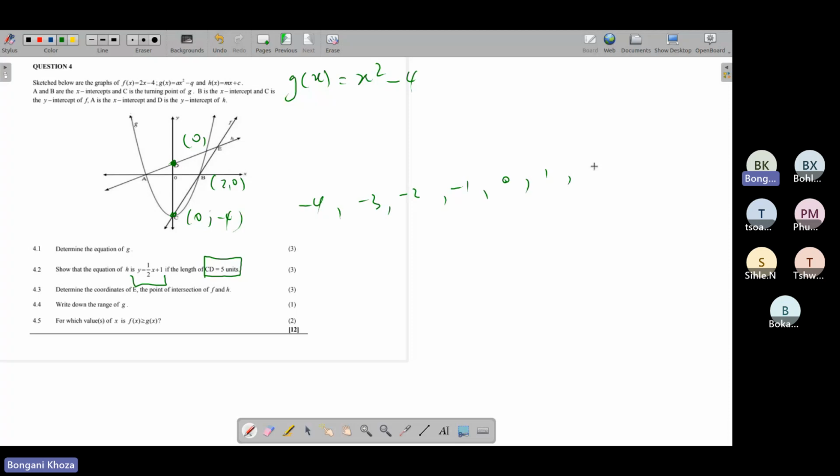So starting here, that means this will be 1, 2, 3, 4, 5. Counting 5 units, this will be 0 and 1. We are moving to the right because here we're moving upwards, so we are moving to the positive numbers. So the coordinate of D is 0 and 1. Any questions regarding that one?